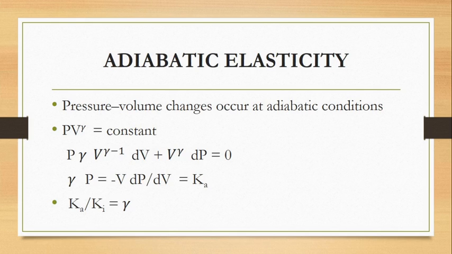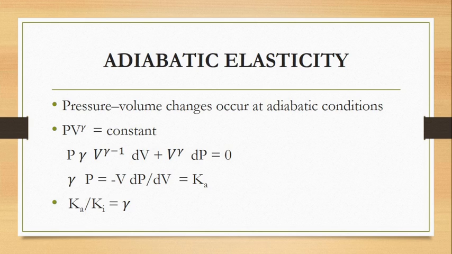From that, on simplifying, you will get gamma P is equal to minus V into dP by dV again. So that is the expression for K, and suffix a represents adiabatic elasticity. So Ka is equal to gamma into P.